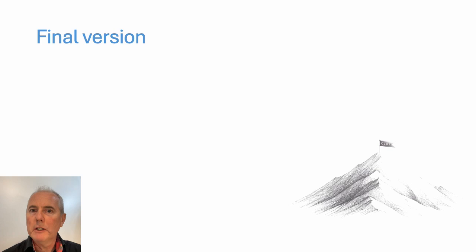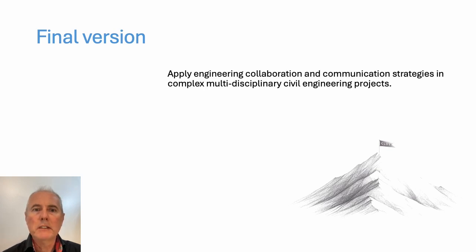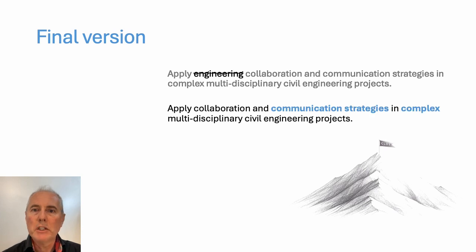We've nearly got our final CLO. Let's polish it up, removing the redundant engineering reference to give us: apply collaboration and communication strategies in advanced multidisciplinary engineering projects. So by using keywords from the PLO, we know that it is constructively aligned.